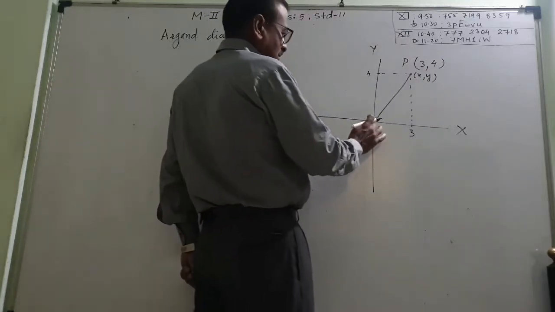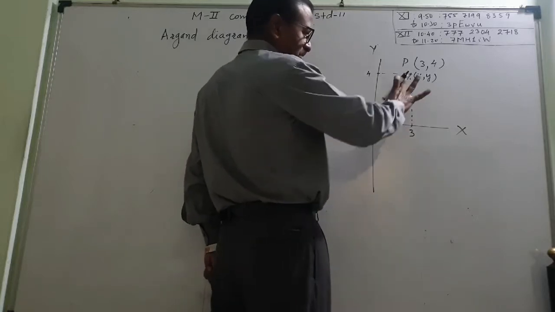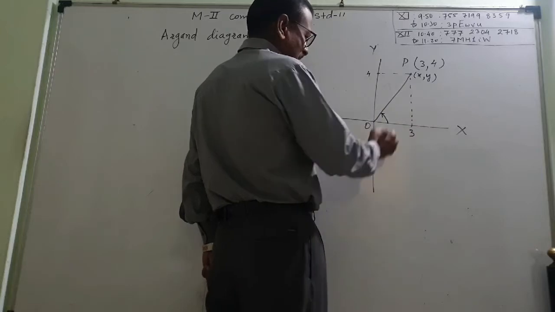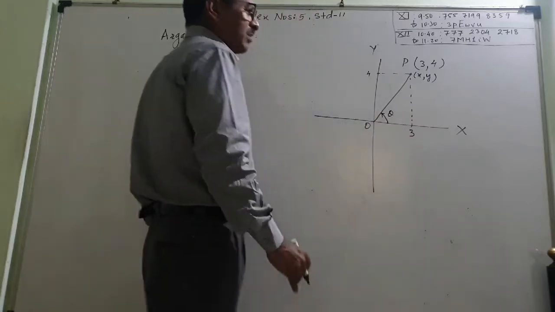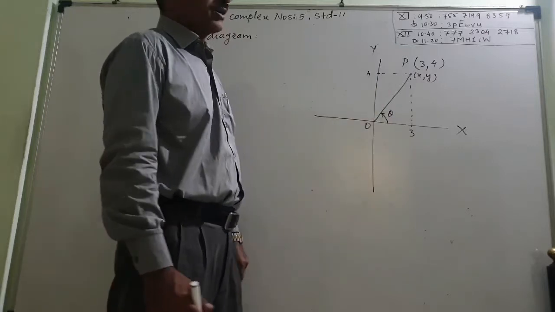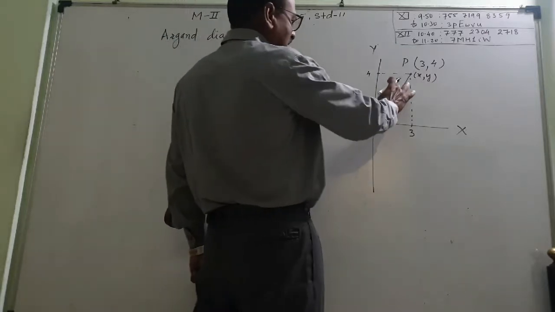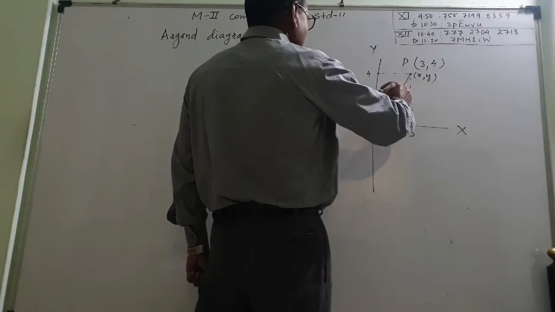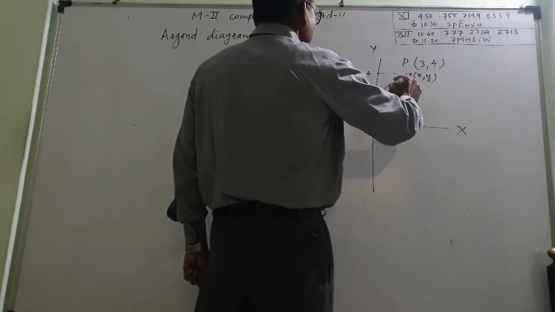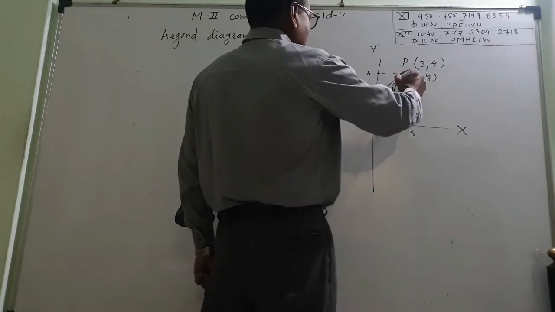If I know the length of this arm, and if I know this angle theta, then also I can find the position of this point. So from this I have come to know what is this length. It is under root of 3 square plus 4 square. That means 5. That is equal to 5.